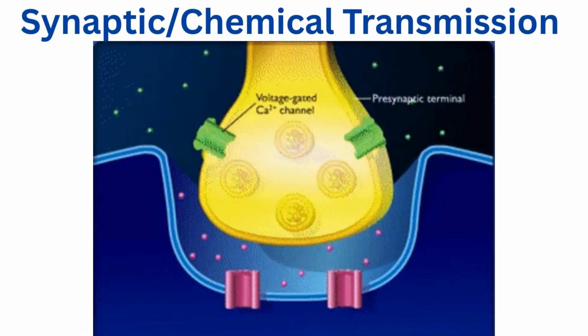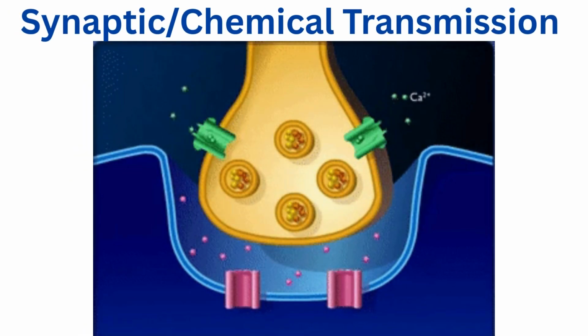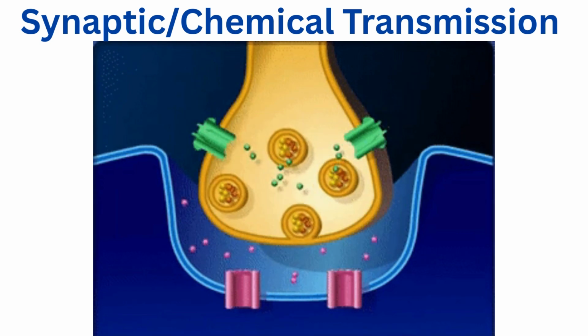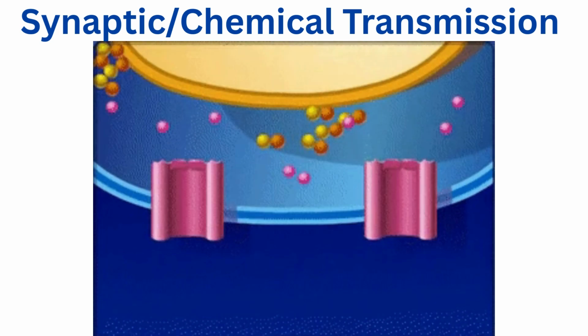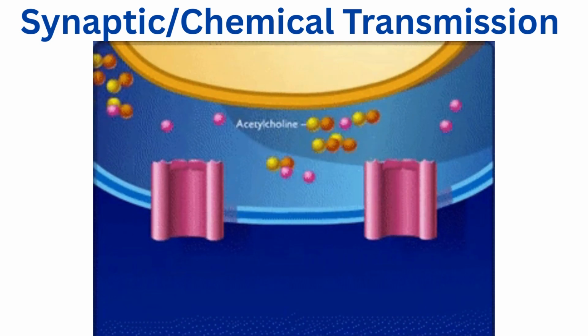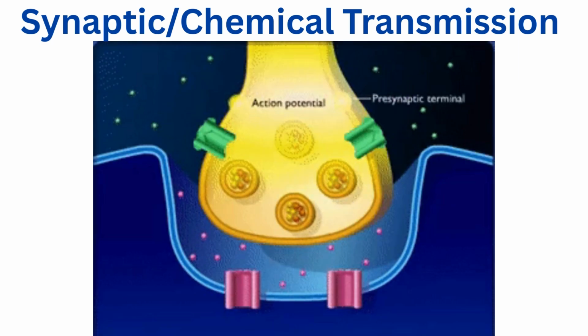Now, I said earlier that the transmission of impulses through the nerves is both electrical and chemical. Now let's look at the chemical transmission, that is transmission of impulses by chemical means.